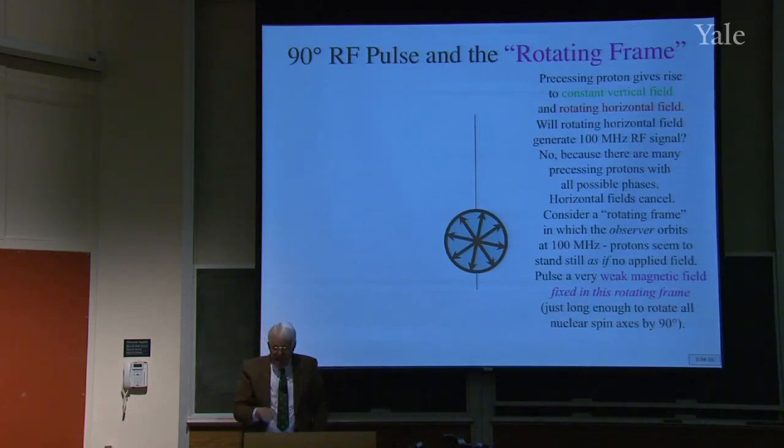And now there's a net field, right, that's oscillating in time. If we go back and take ourselves back to the laboratory and not spin around like that or orbit like that, we see this whole set going around like that. So if we put in this thing called a 90-degree pulse, now we can hear these things broadcasting.